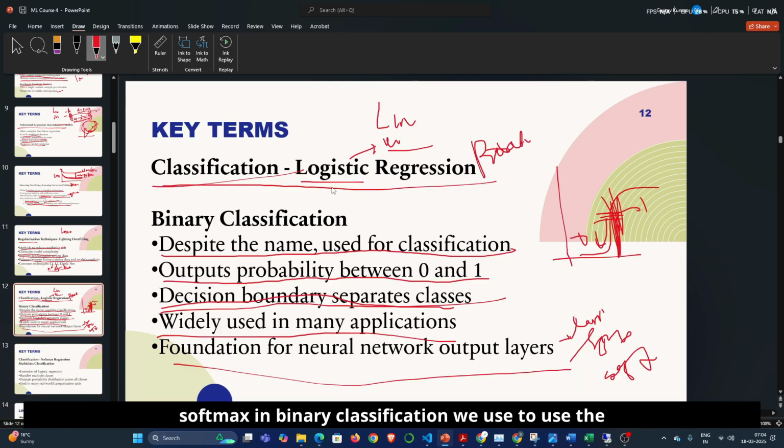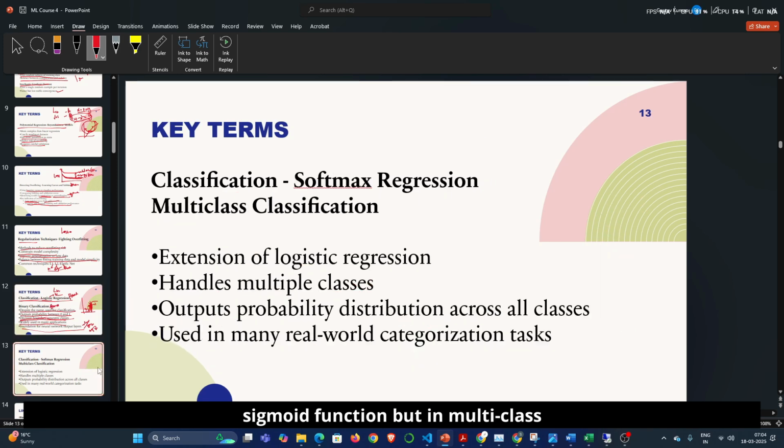In binary classification, we use the sigmoid function, but in multi-class cases we use softmax. It handles multiple classes and outputs a probability distribution across all classes.